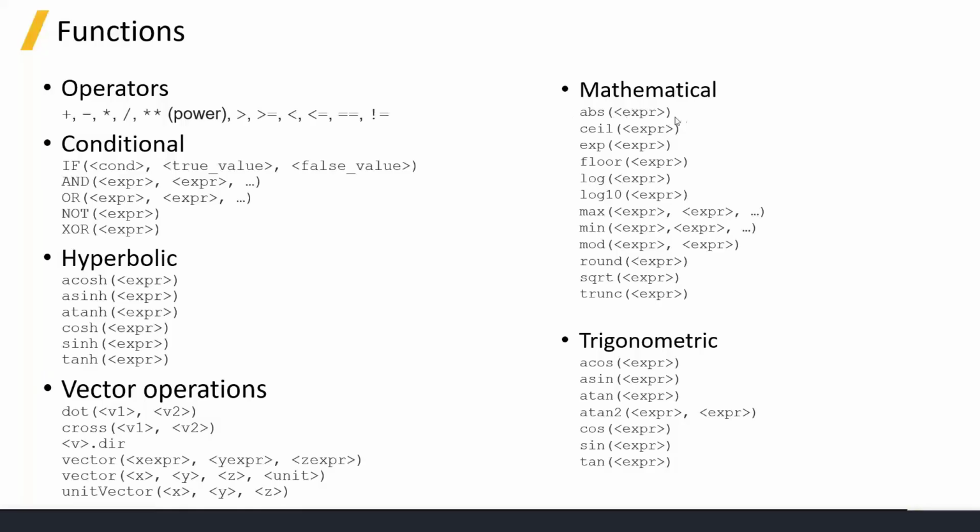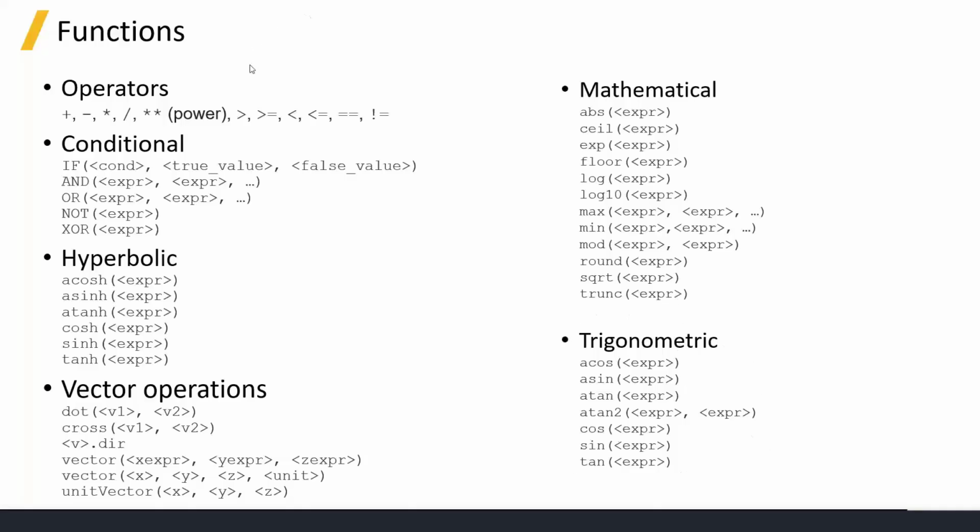So these are your things like your absolute values, your C-like functions where you can find the ceiling above something or the floor below a number. You've got some logs, some max and mins. Mod, so we can do modular arithmetic. We can round something, square roots, truncate it. We've got the standard trig.